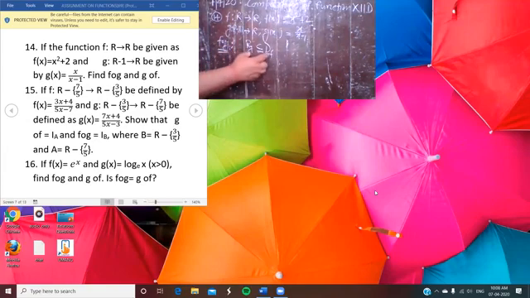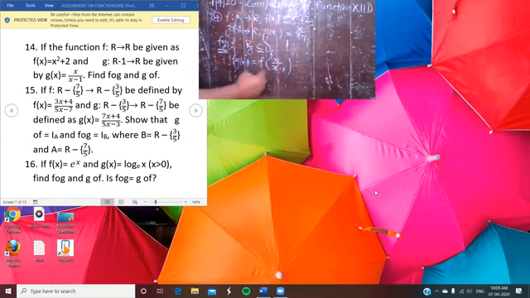So that condition is true here. So you can write it directly, the value of fog as f of g(x) is equal to f. Now putting the value of g(x), which is x upon x minus 1 here, it becomes f of x upon x minus 1.